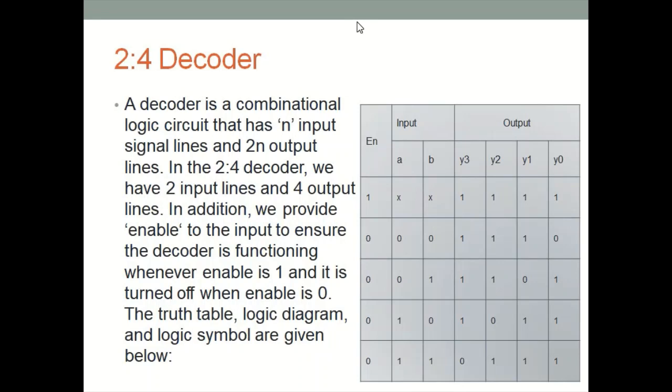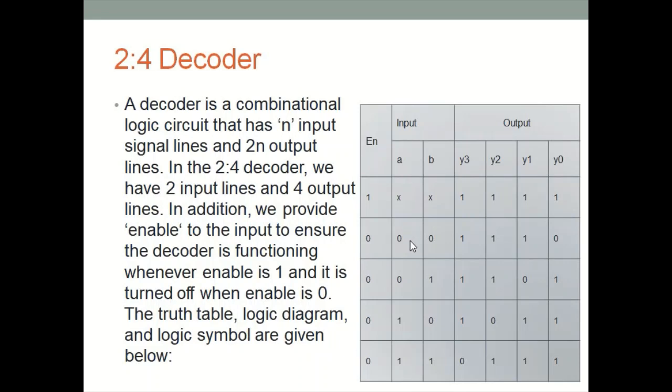The truth table, the logic diagram and the logic symbol are as given here. In the truth table, we have inputs and outputs. Here we are going to give only 2 inputs and the outputs will be 2 to the power of the inputs, which is 4.